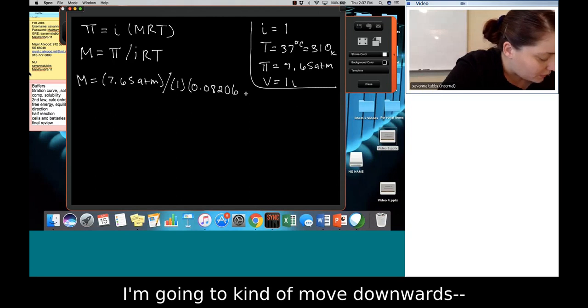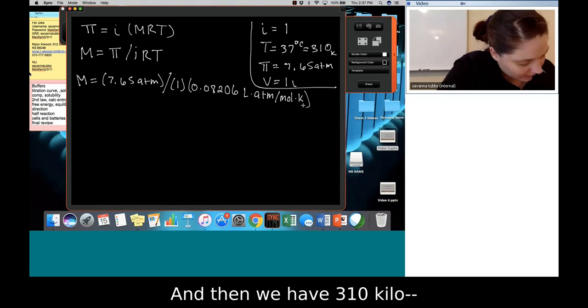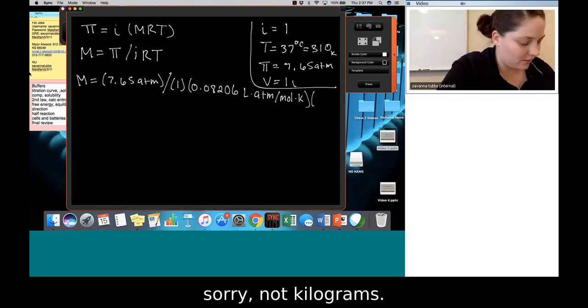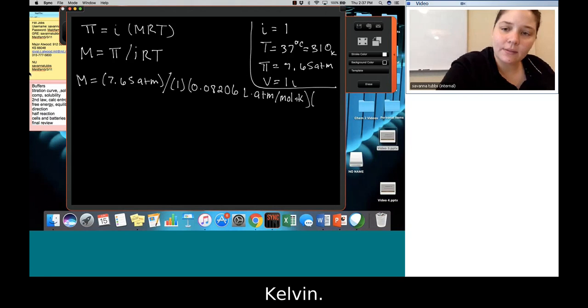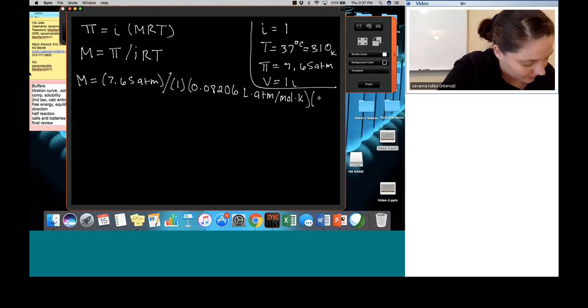I'm going to kind of move downwards. L atm divided by moles per kilogram, and then we have a temperature of 310 Kelvin.